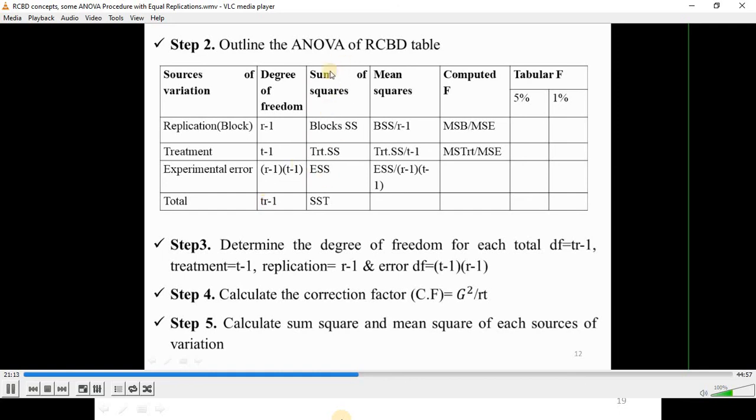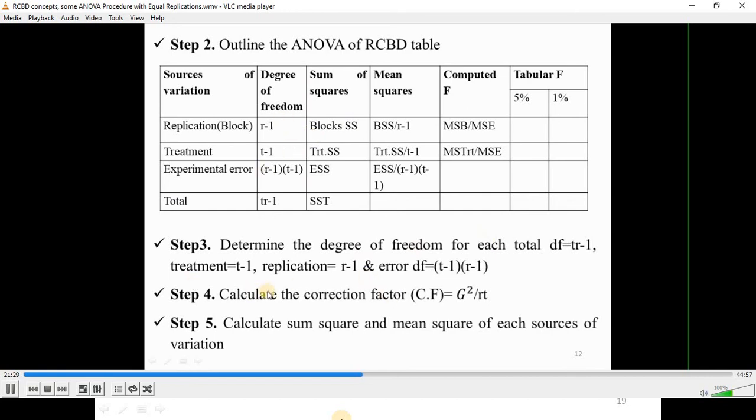Here are also the sum of squares values, in a similar fashion to that of CRD, the mean square values, and the tabular values. The third step is determining the degrees of freedom, as I told you.